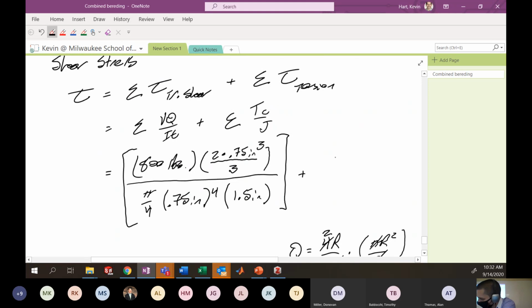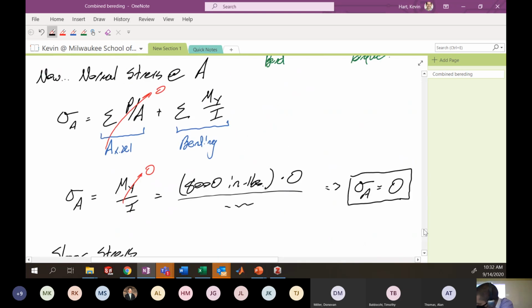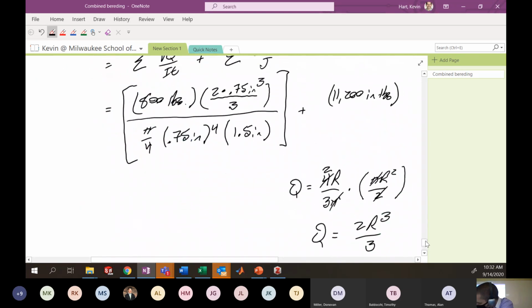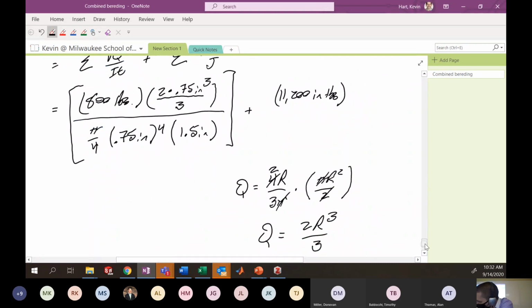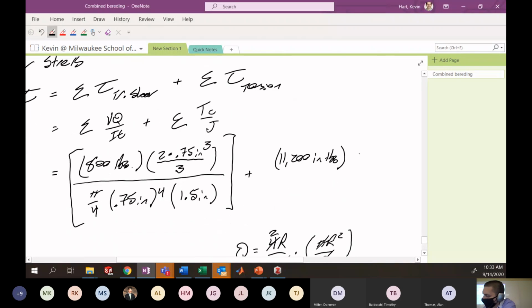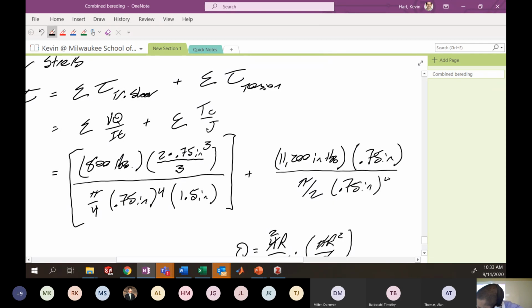This is going to be plus my torque, 11,200 inch-pounds, multiplied by C, which is the distance from the center of the piece to point A. So this here is my radius, 0.75 inches, divided by J, which is pi on 2, r to the 4th. And this is my torsional component.